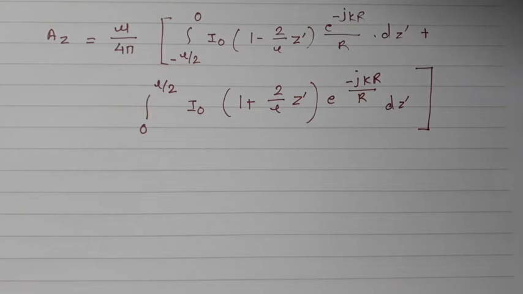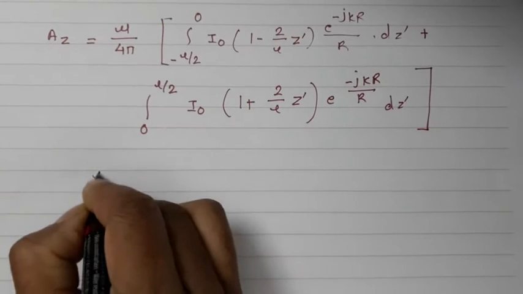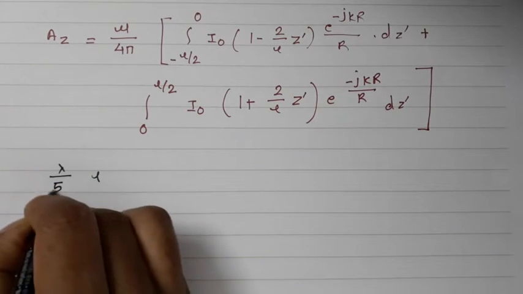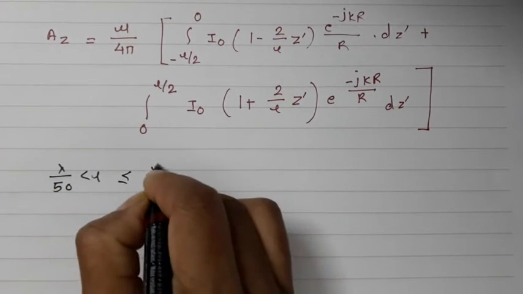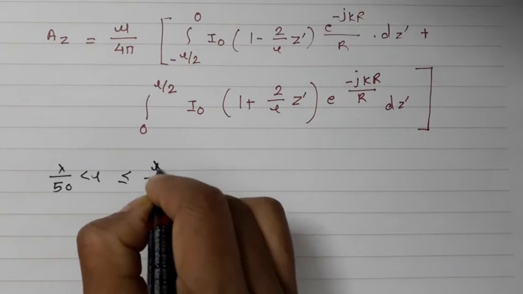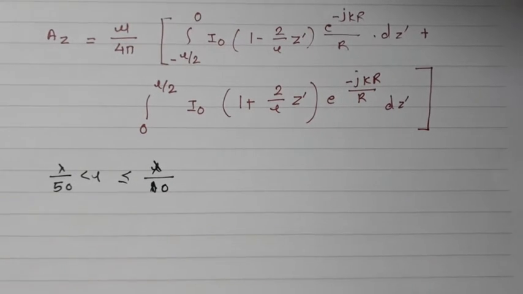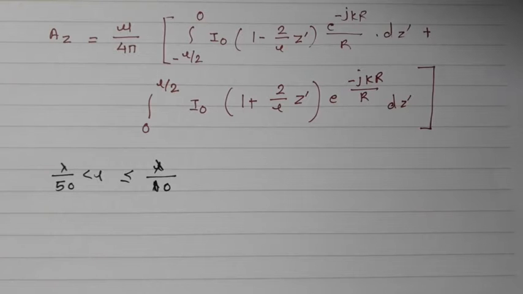Now here we know that we are talking about the small dipole antenna, so L is greater than lambda by 50, but less than lambda by 10. So here the difference between r and r dash is very small.